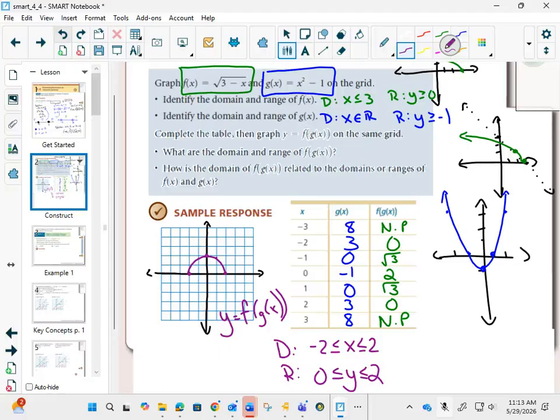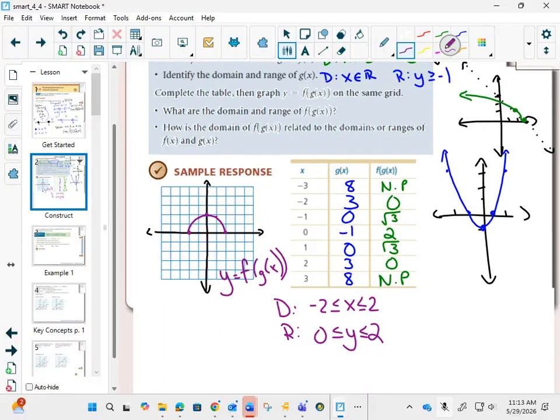But sometimes just doing a table of values is not that helpful. Okay? And actually for this one, we are going to find out algebraically what is the equation of y equals f of g of x.